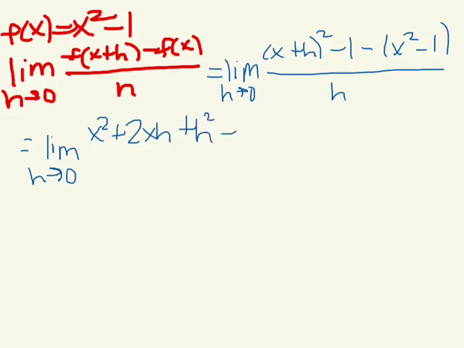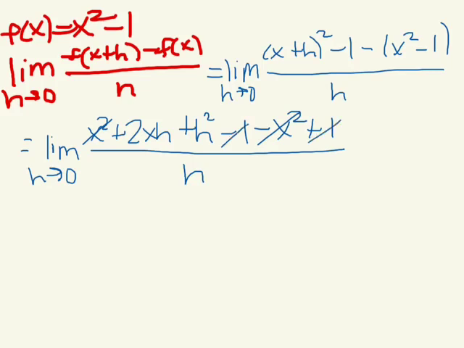And then we have our minus 1. And I'm going to go ahead and distribute that negative through, so we have minus x squared plus 1. All right. Now I see that my x squareds will cancel out, as well as my minus and positive 1. So now I'm left with the limit as h approaches 0 of 2xh plus h squared all over h.